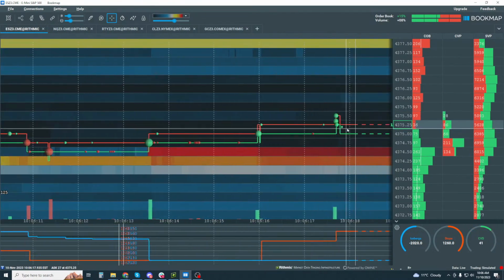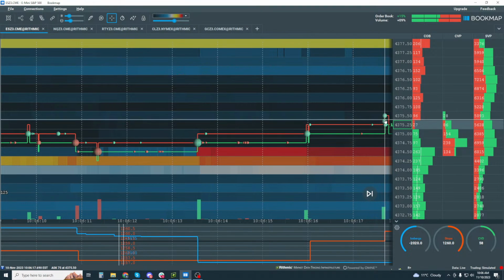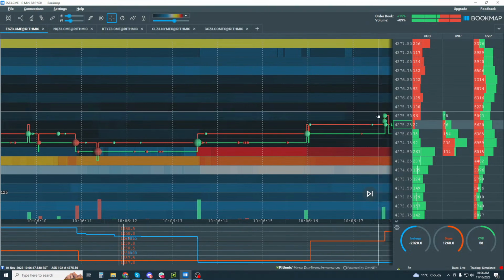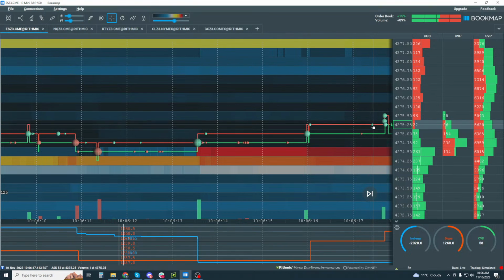And how do they do that? Well, very simply, if you have more aggressive market buy orders here, it will take all of the liquidity. And why it's called aggressive is because it crosses the spread. You want in immediately. So you're just saying, I want to trade. I want to be in this market. I am a buyer.